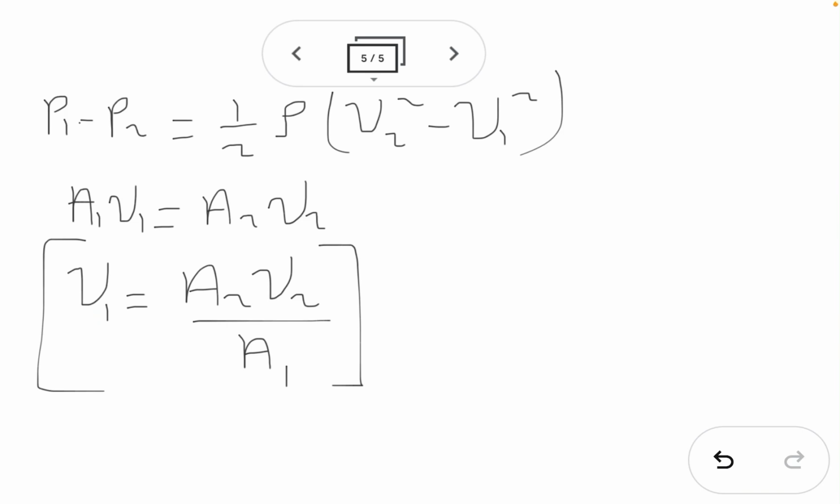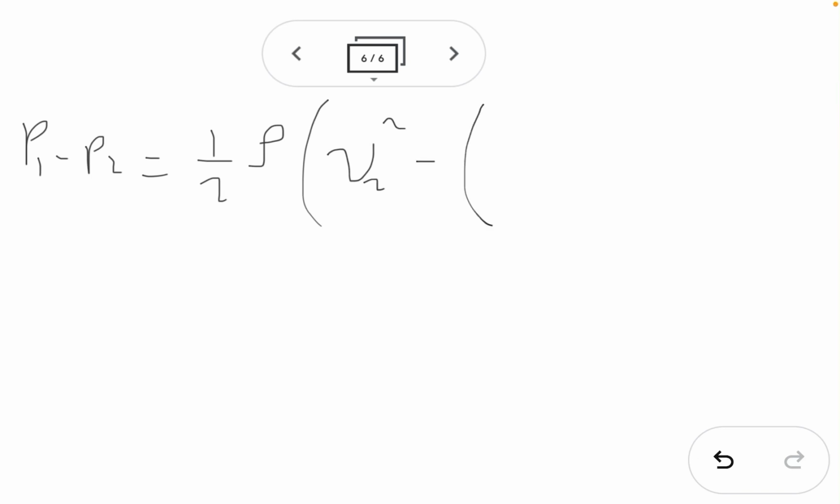So if we do that, we are going to have P1 minus P2 equals 1/2 density multiplied by V2 squared minus the expression that we just obtained for V1.